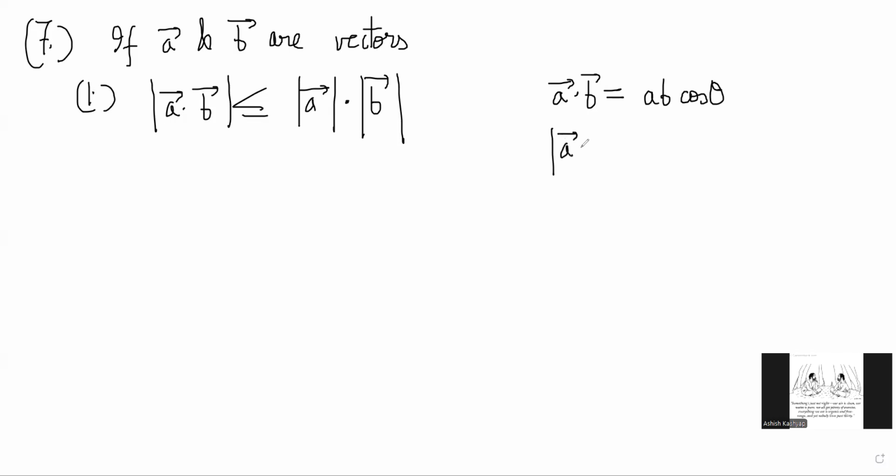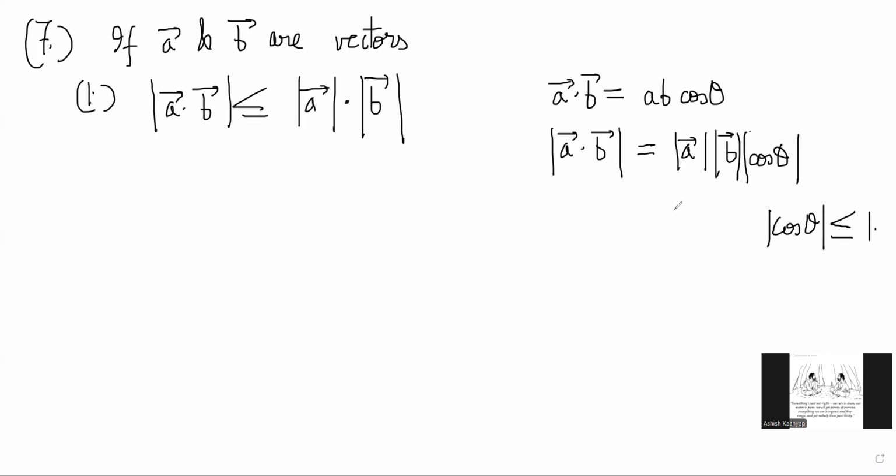So mod of A dot B is equal to mod of A mod of B cos theta. And mod of cos theta is obviously going to be less than or equal to 1. So therefore, this becomes less than or equal to mod of A times mod of B, right? And we have gotten the proof that we are looking for. So this is the first inequality.